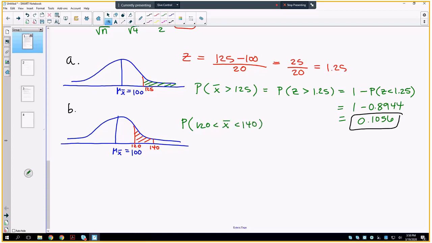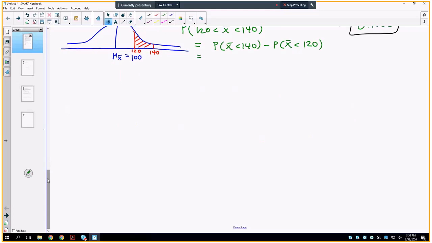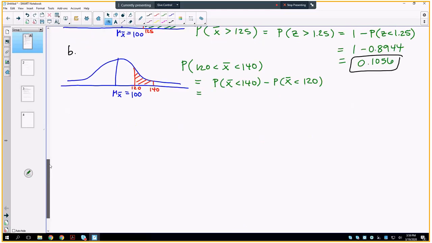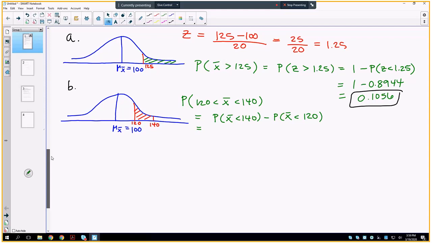Well, that should be equal to the probability of x bar less than 140, subtract the probability of x bar less than 120. And we want to translate that into z-scores. So let's find a z-score for 120 and a z-score for 140. I'm going to say z sub 120.